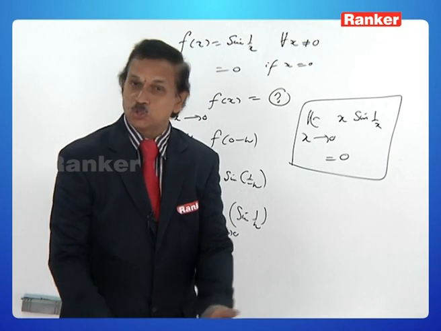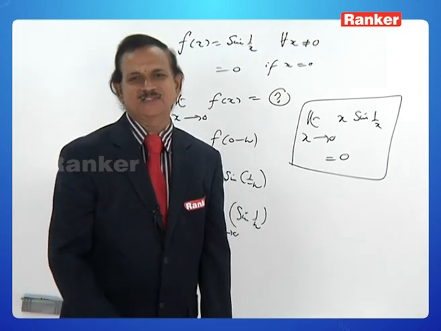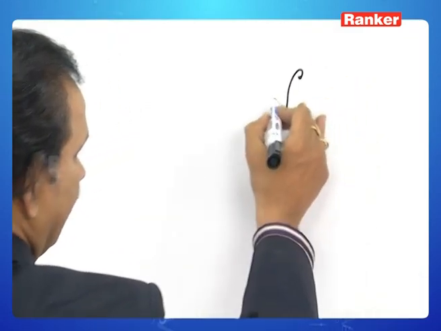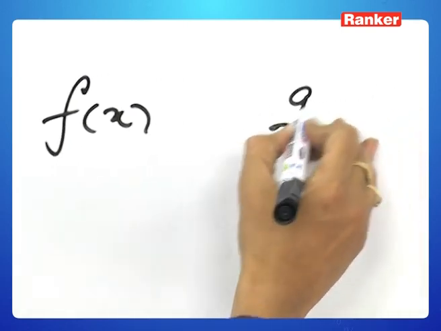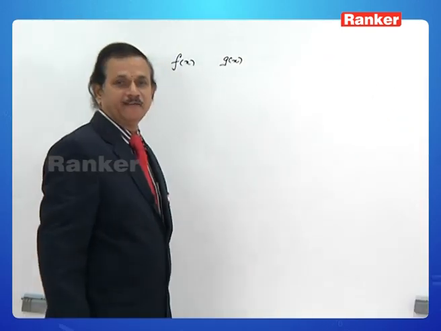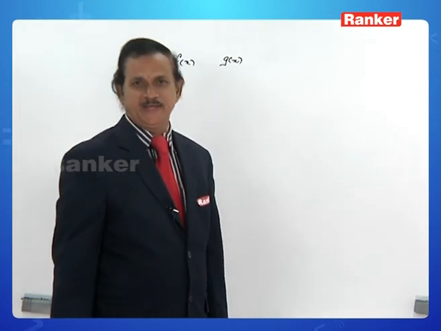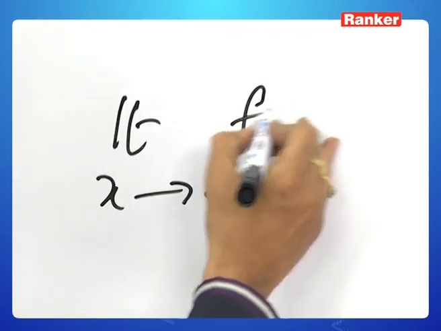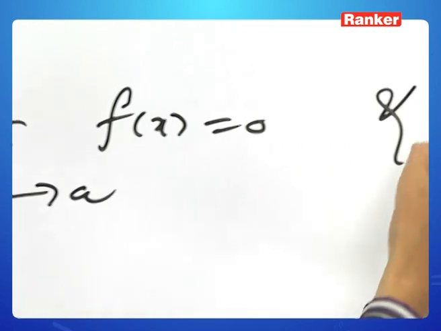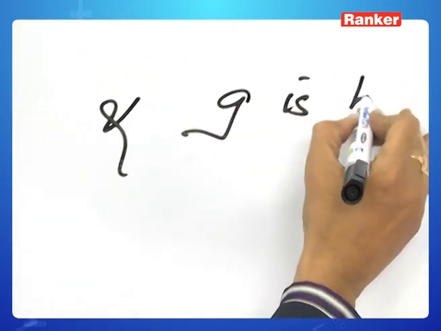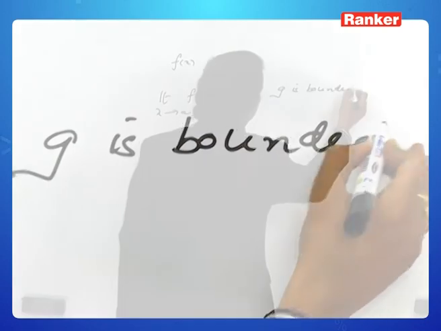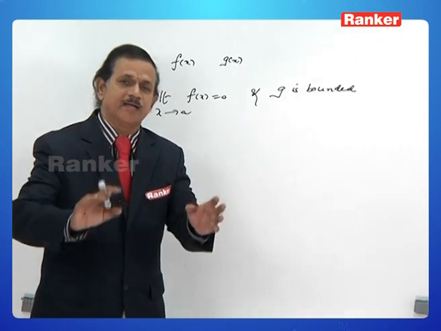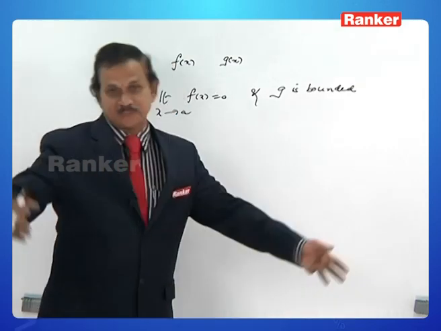It can be supported in two different ways. Let us now discuss one of the ways. Let there be two functions, say f of x and g of x, defined in a deleted neighborhood of a real number, say a, such that the limit as x tends to a of f of x is equal to 0 and g is bounded in that neighborhood in which both f of x and g of x have been defined.